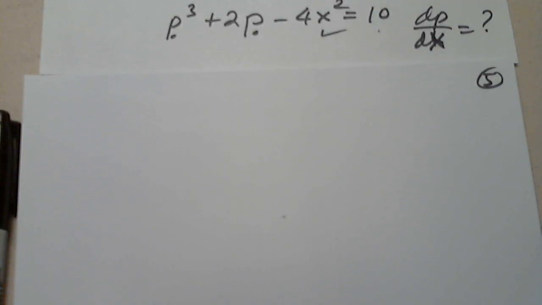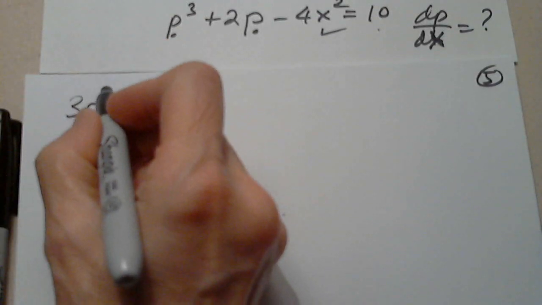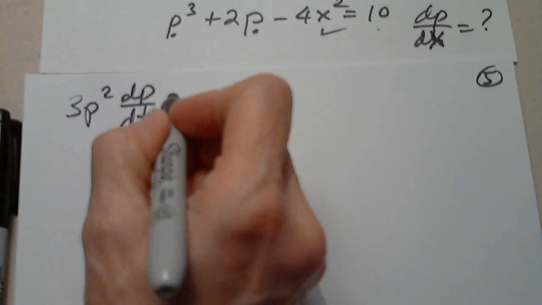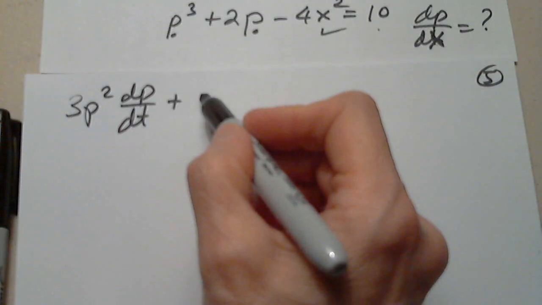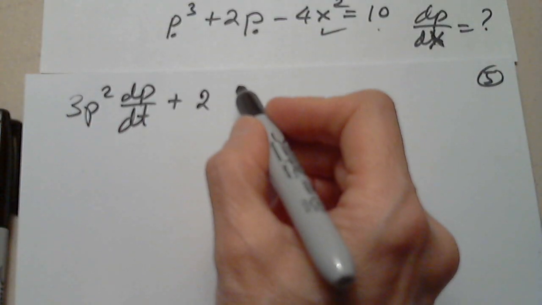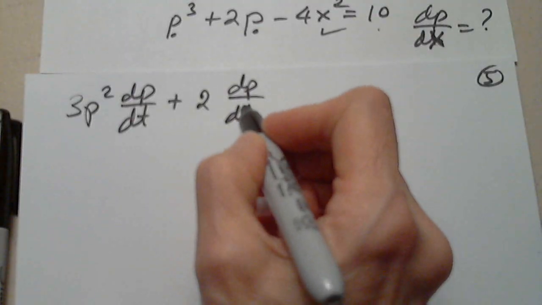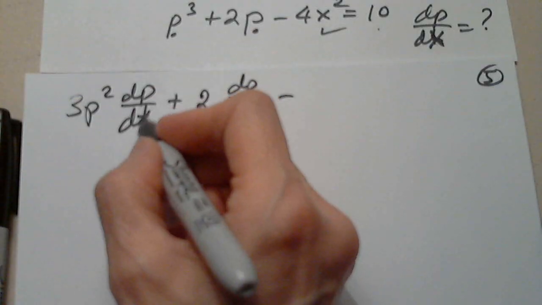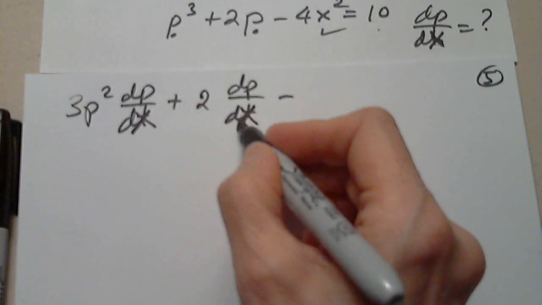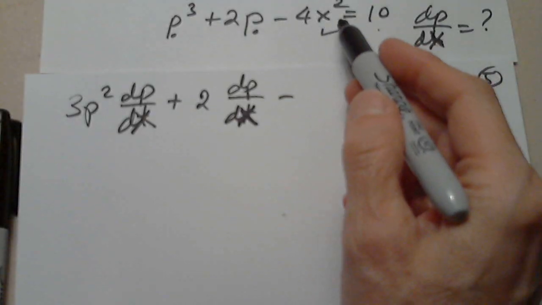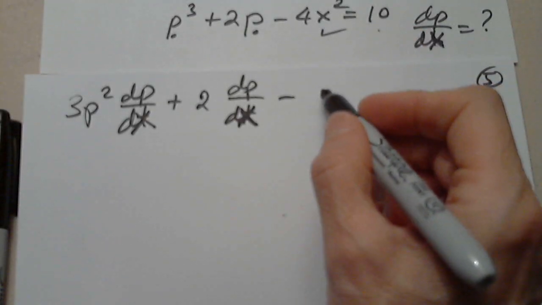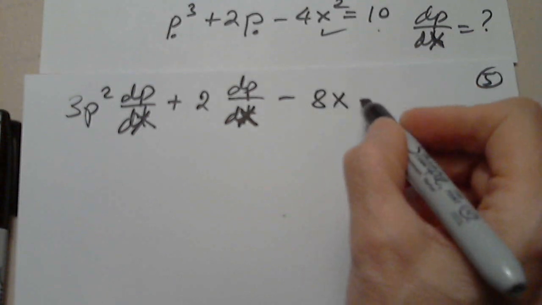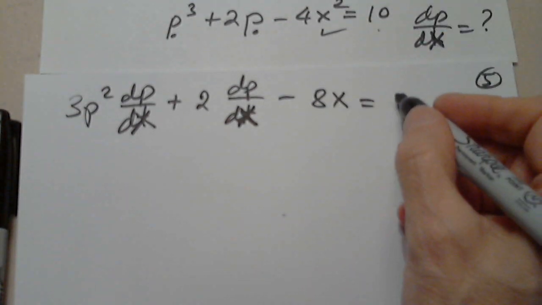This would be 3p squared times dp over dx. Excellent. Plus 2 times dp over dx. Excellent. Minus, oh, I'm sorry, it's x this time. Good. Minus, and this is just a variable, that's 8x. That's it. And the right-hand side is 0.